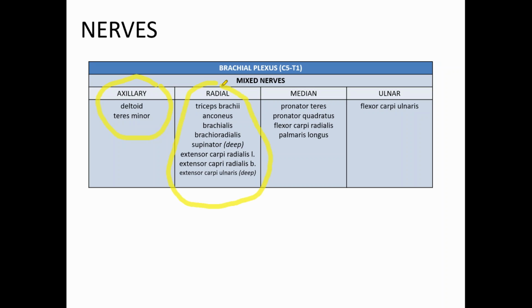So generally for radial nerve, you're thinking, for the most part, the back of the arm and the extensors. The median nerve, your pronators, a flexor, and your ulnar nerve, a flexor. So again, I don't test too heavy on this, but you're going to want to start becoming familiar with these nerves and whatnot for next year.